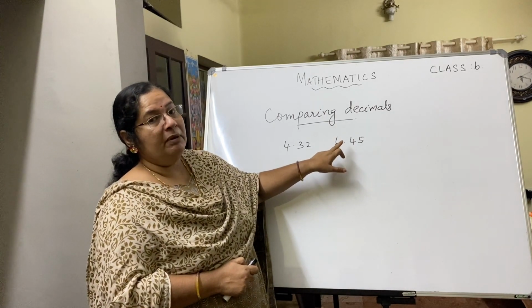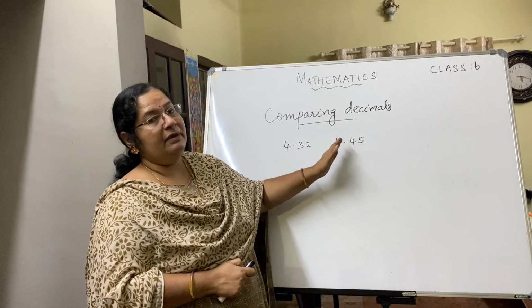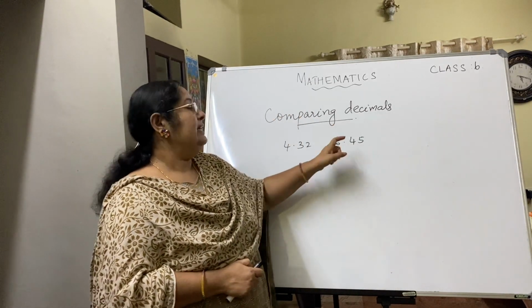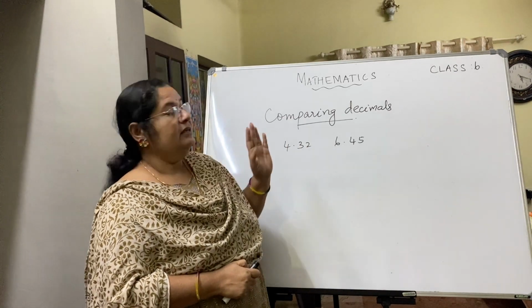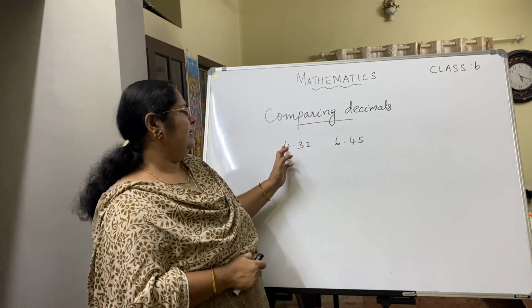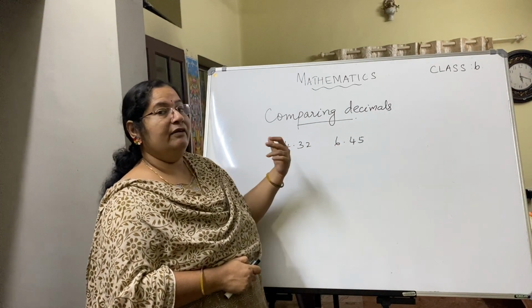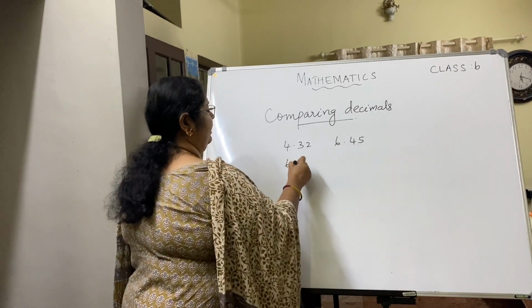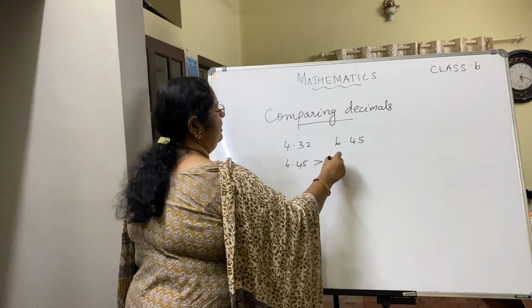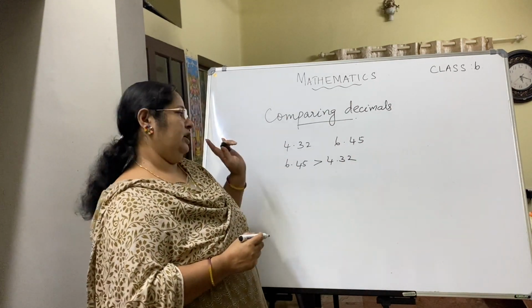So for whichever decimal the whole number part is greater, that decimal will be the greater decimal. Since 6 is greater than 4, 6.45 will be greater than 4.32. That is comparing the whole number part.